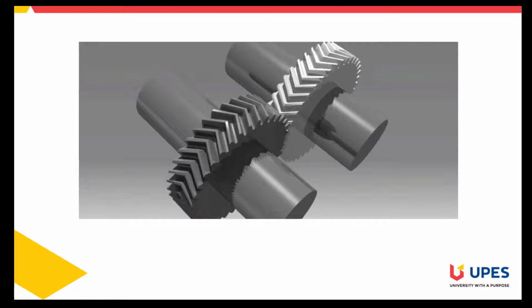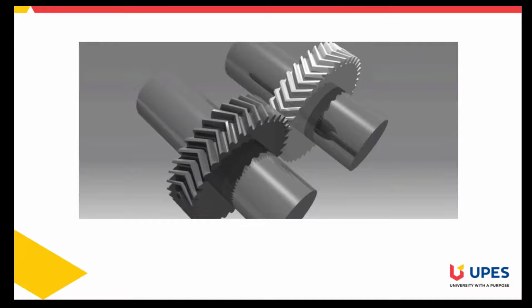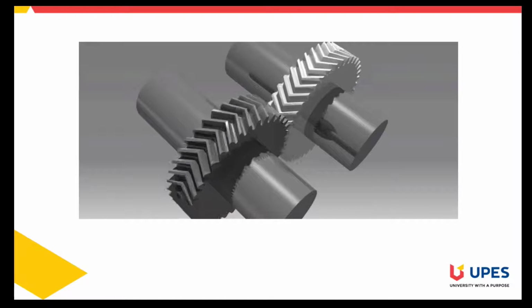So if you look at these herringbone gears during meshing, what happens? One gear produces axial thrust in one direction, let's say one normal force is creating axial thrust in this direction, then the other normal force is creating thrust in this direction. So these two forces become equal and opposite and they cancel out.